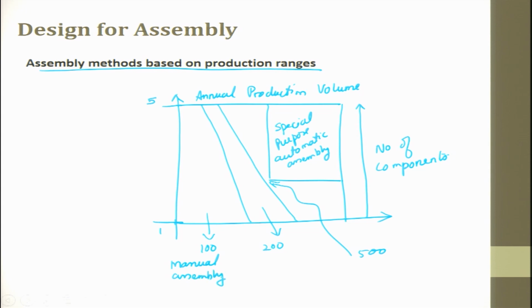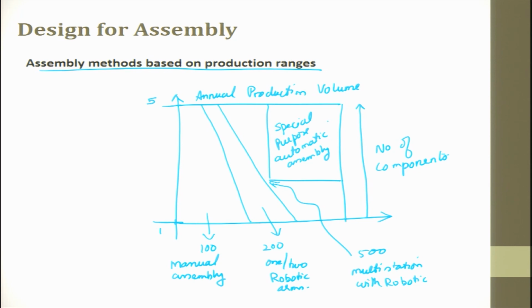If the annual production volume is in terms of 100, it is manual. So, we use 1 or 2 robotic arms for doing it when the annual production rate is somewhere close to 200, and when it is close to 500, we try to use multi-station with robotics.